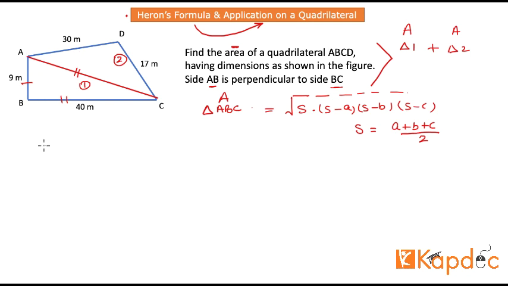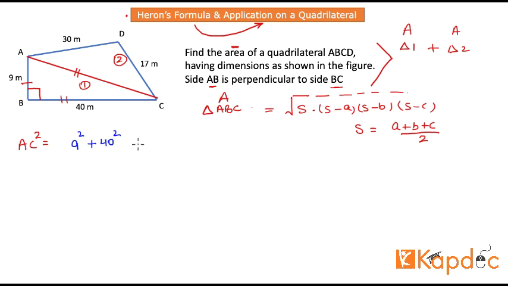First we need to calculate AC, right? We can simply apply the Pythagorean principle because AB is perpendicular to BC, and we can say that AC square is equal to the sum of the squares of the two perpendicular sides, right? So that will be 9 square plus 40 square.